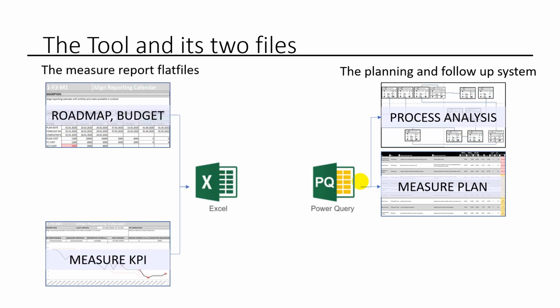Once this has been performed and measures have been approved and decided upon, the different measures are noted and documented in the measure report flat files. This includes a roadmap, a budget, and a follow-up on measure KPIs.